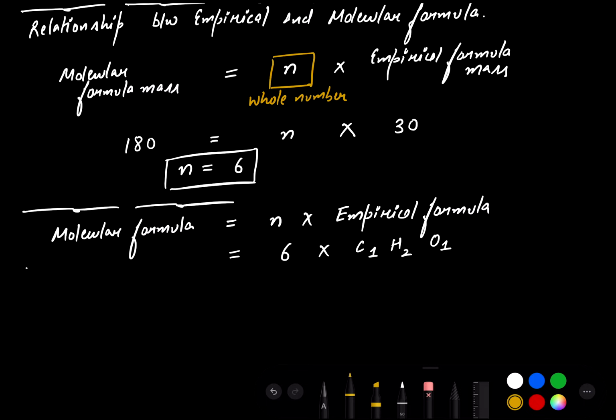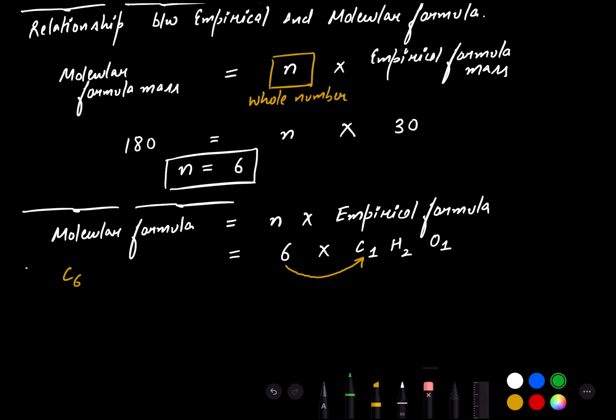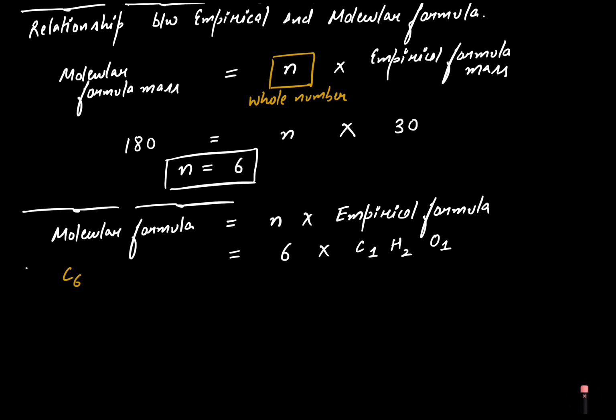Now what I will do? First of all, I'm going to multiply this 6 with number of atoms of carbon. I got my carbon to be 6, 6 ones are 6. Now I'm going to multiply this 6 with number of atoms of hydrogen. It's 6 twos are 12. My hydrogen comes out to be 12.